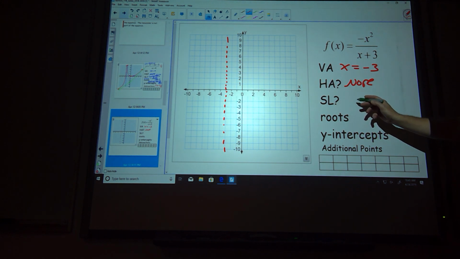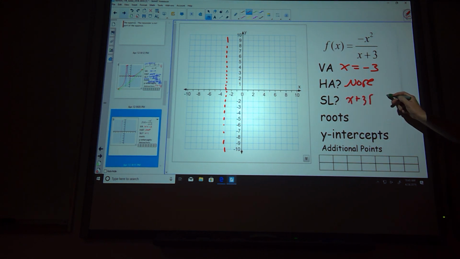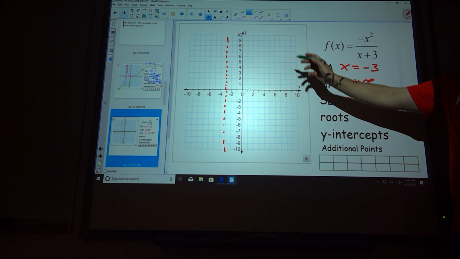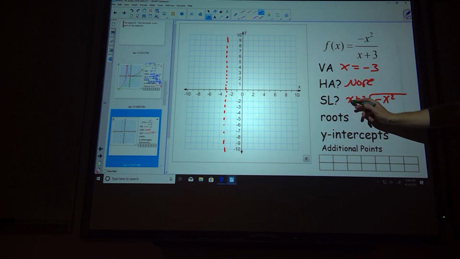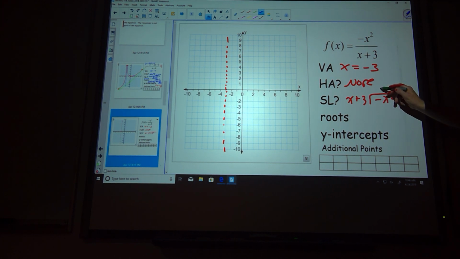Slant asymptote, yep, sure does. So I'm going to take the bottom, x plus 3, and go into negative x squared. Now this is kind of weird because I only have one term under here. What do I have to multiply times x to get to negative x squared? Negative x. So negative x times x, negative x squared, minus 3x.